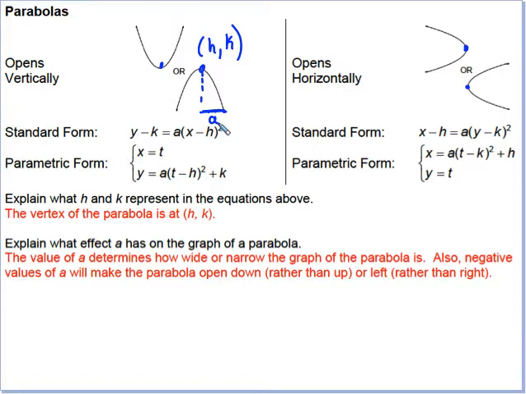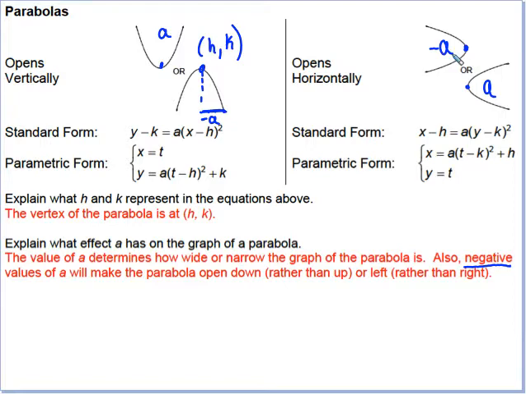Okay, so that's going to make it either bigger, wider, or farther apart. And if A is negative, it's going to flip it. So this would have a negative A here. This would be a positive A up here. And then this one would be a positive A here and a negative A there.